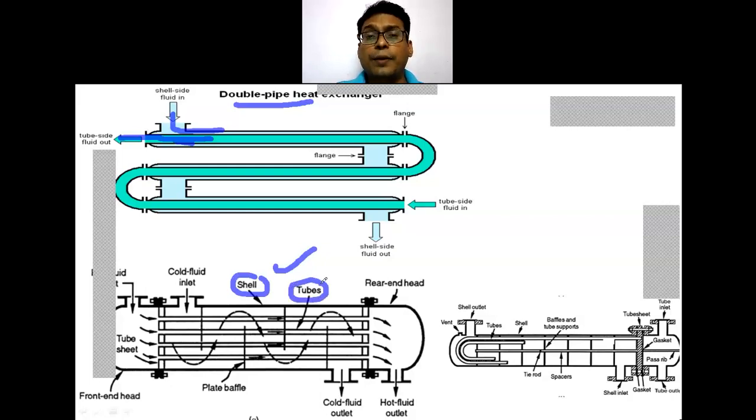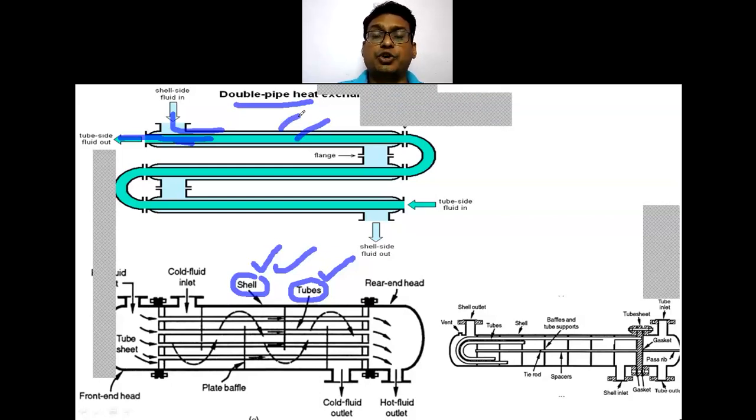Two important things are here, the shell and the tubes. There is one shell, and in this one shell a number of tubes are available. In a double pipe heat exchanger, there is only one tube, and the outer tube is nothing but the shell.